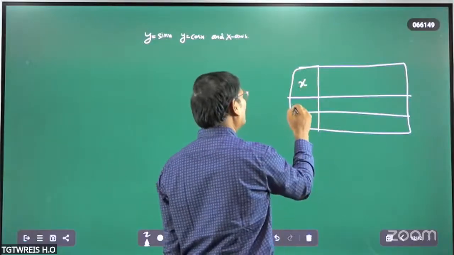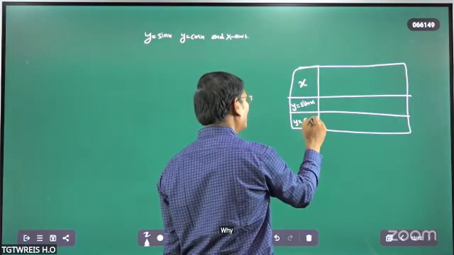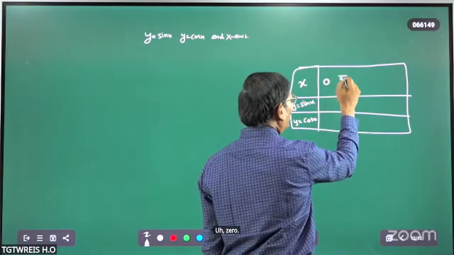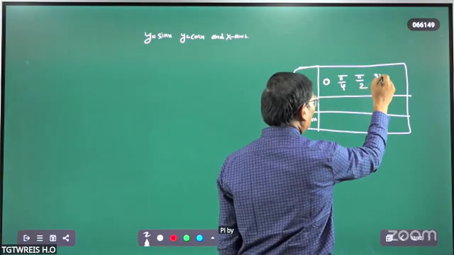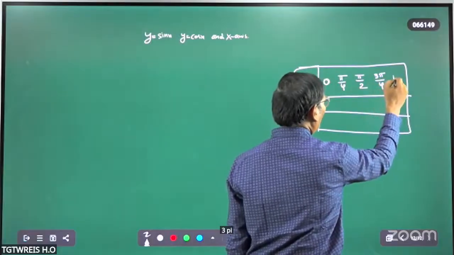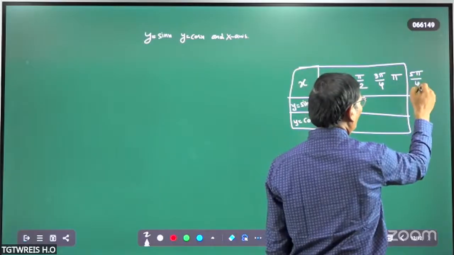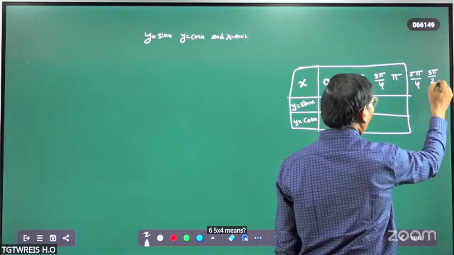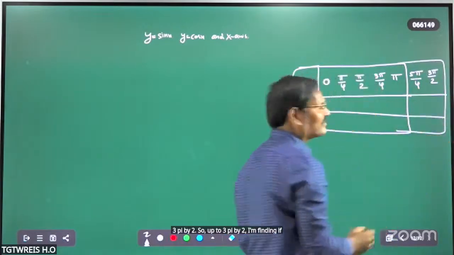X, y is equal to sin x, y is equal to cos x. 0, I'm taking pi by 4, pi by 2, 3 pi by 4, pi, 5 pi by 4, 6 pi by 4 means 3 pi by 2. So up to 3 pi by 2 I am finding. If anything wants, we can extend it.